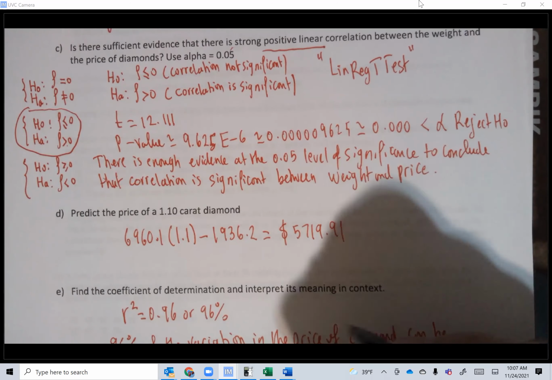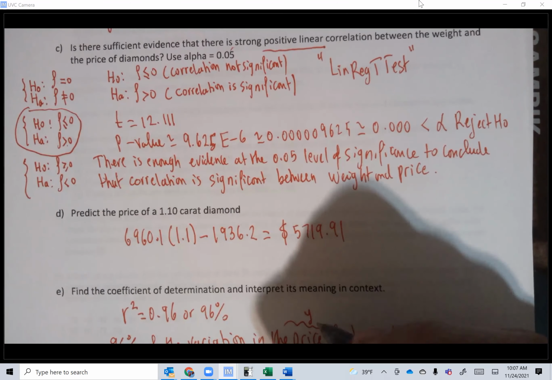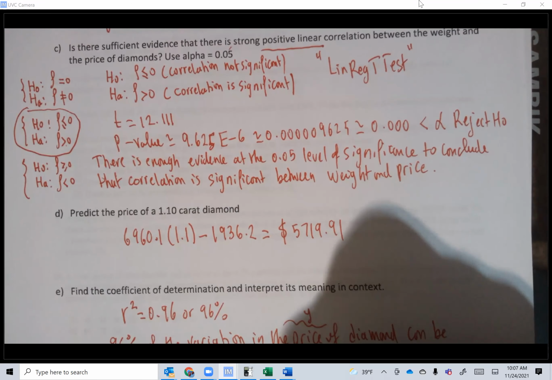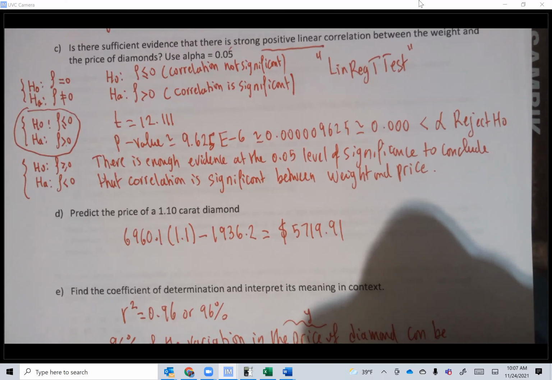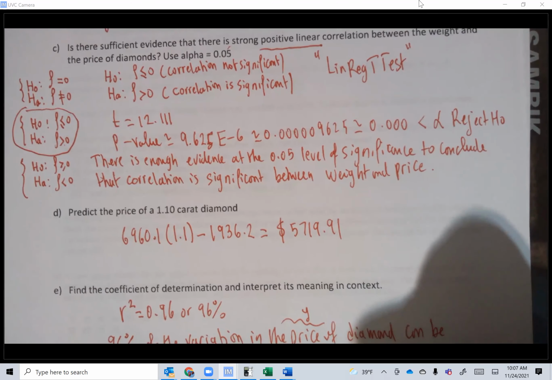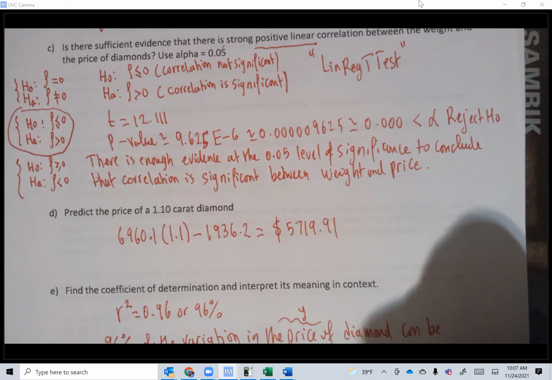So always you put here the Y variable, and here you put the X variable, the weight, using the regression line. That's the language that you have to use when you interpret the value of R squared.